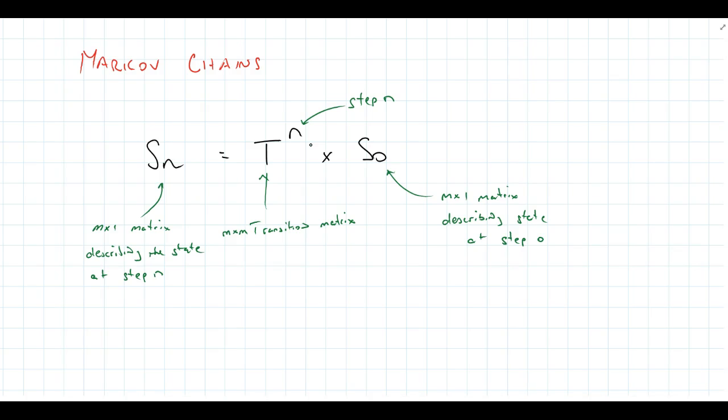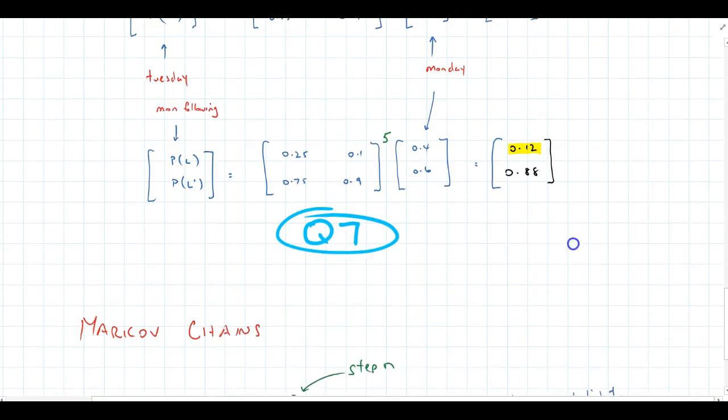And so what we might do is just have a look at a question. I'll just make one more note here actually. This S0 can be in the form of a probability, as a percentage or a decimal, which is what we've been looking at here.